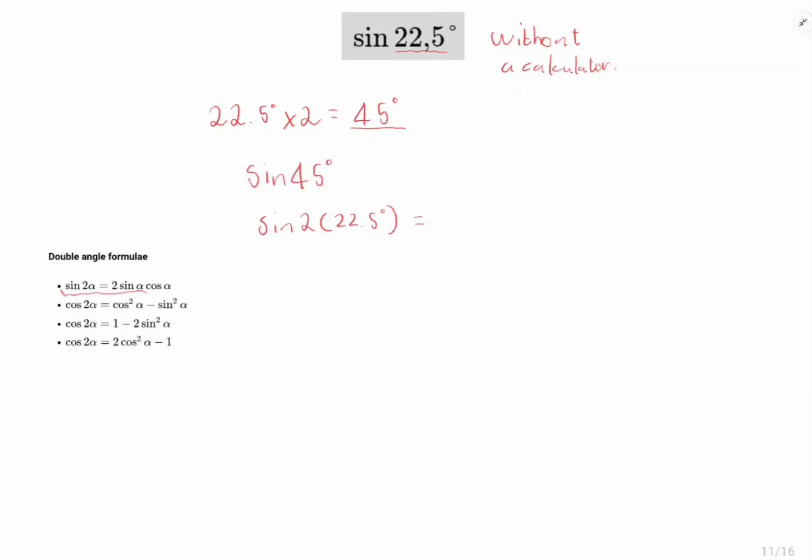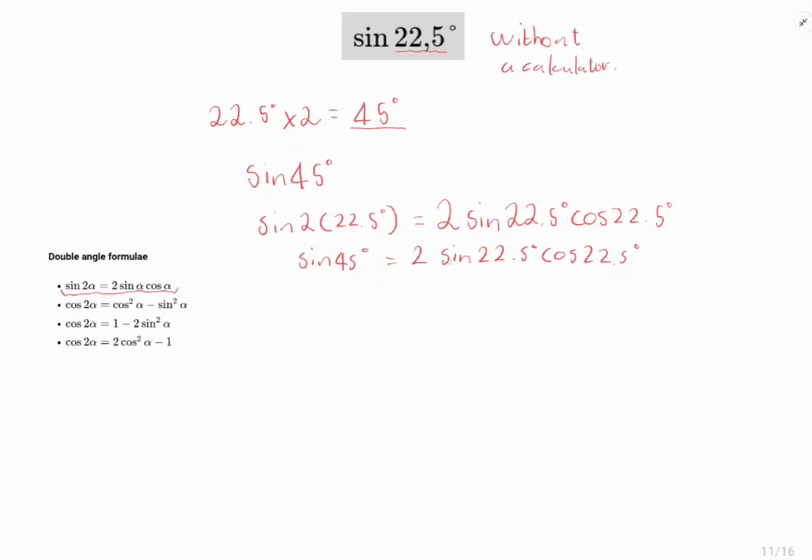We can use this form. It's going to be 2 sine 22.5 degrees and cos 22.5 degrees. So we know that sine 45 degrees is equal to 2 sine 22.5 degrees cos 22.5 degrees.